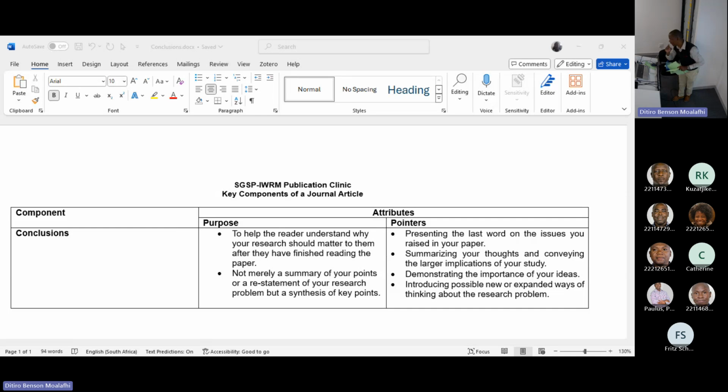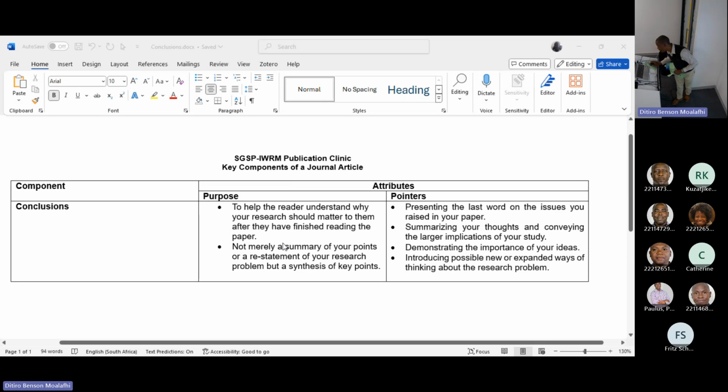The purpose is to help the reader understand why your research should matter to them after they finish reading the paper, because now this is your convergence point. You should always have the last word in your research, in your manuscript. Make sure that you drive the point home and make sure that it's a killer punch.